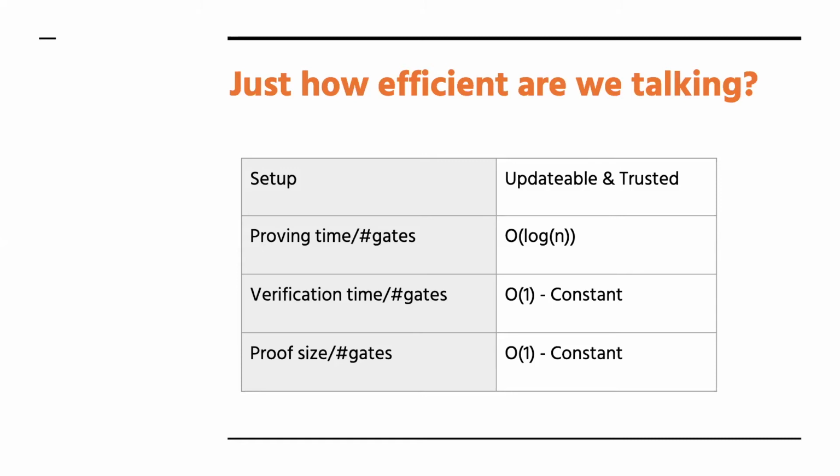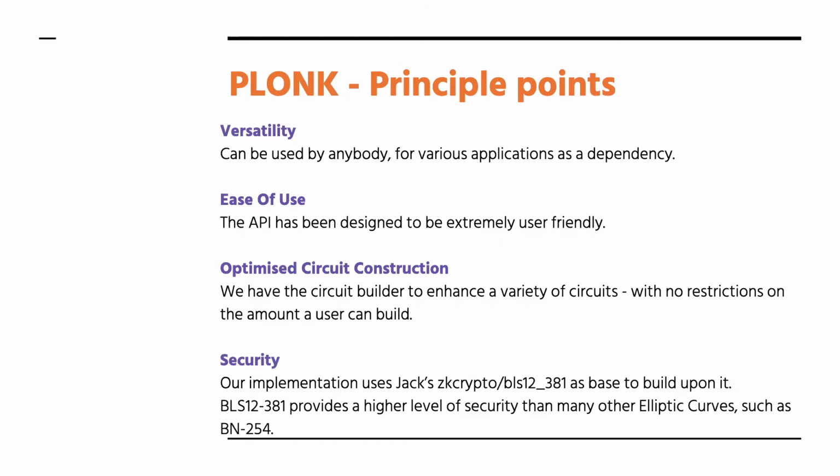And the principal points of PLONK, this is just a quick recap from the first installment. Versatility: it can be used for anybody, and it can be used for any project you choose. And the ease of use, I think this is something we really try to hammer home as a team at Dusk. It's very, very important for as many people as possible to understand and be able to interact and begin to adopt this technology without needing a computer science degree, or without needing months of practice to be able to understand.